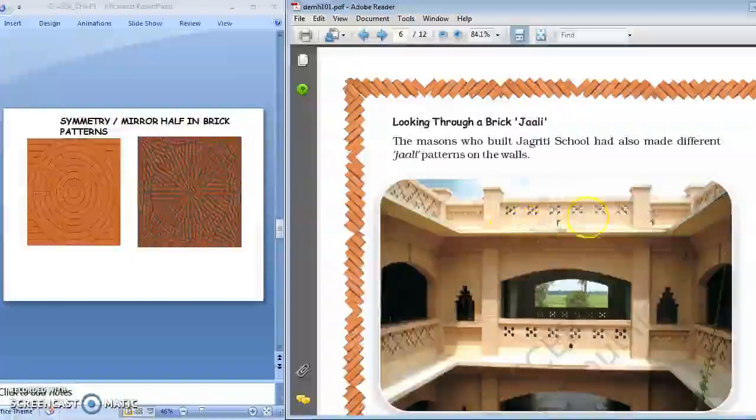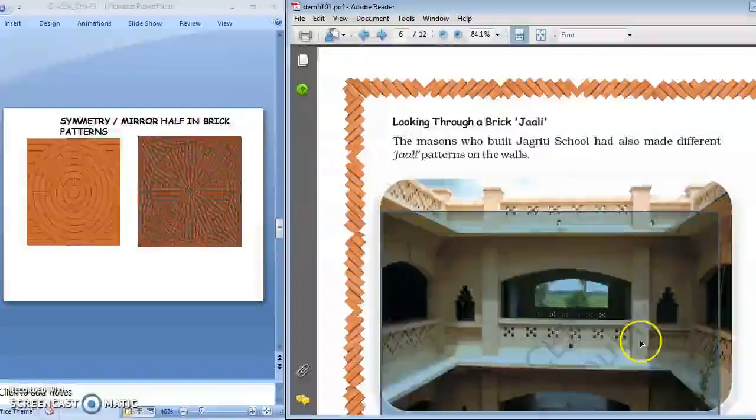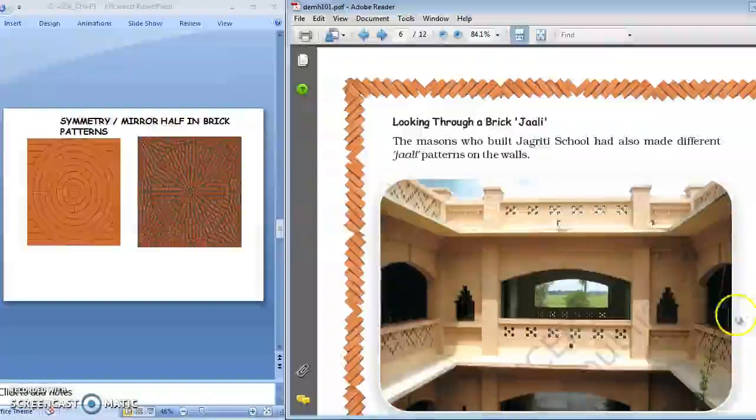A, it used to give them a nice look. B, the wind was easily able to cross. So that is why these jalis were made. Let me show you a few jalis. Here, before I move on, this is the symmetry or the mirror half of a two brick pattern.